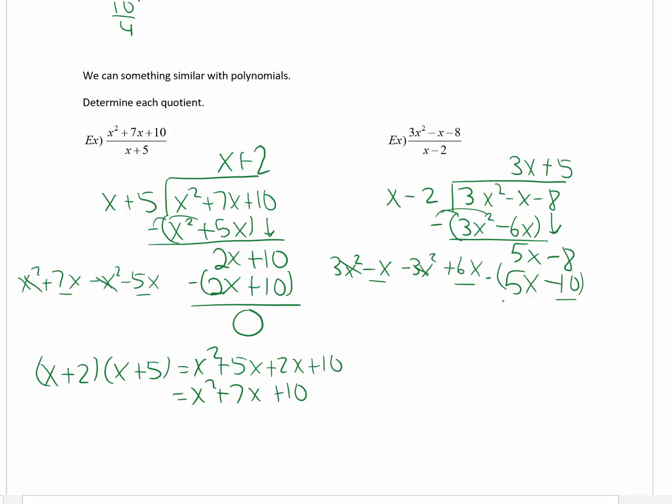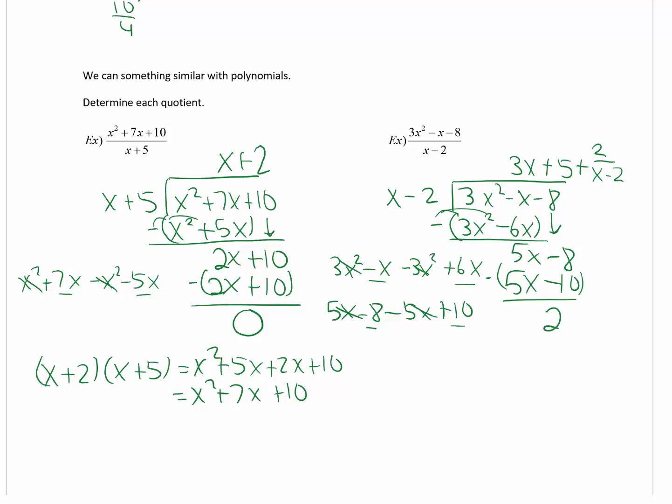So subtract. Let's do this on the side. 5x minus 8. Distribute the negative, that's negative 5x, and that's a positive 10. 5x's subtract out. Negative 8 plus 10 is 2. So my remainder is 2. Similarly to the very beginning, I could say plus 2 over the divisor. So my answer here is 3x plus 5 plus 2 divided by x minus 2.